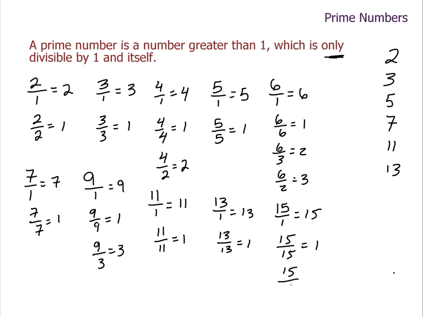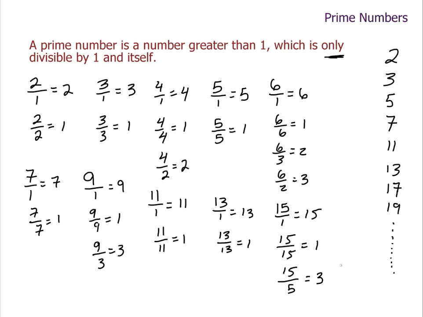Is there a number that will go into 15? Yeah, sure, 5 or 3 for that matter. 15 is not a prime number. 16 can't be. 17 is a prime number, so put 17 over here. 18 is not. 19 is. And it keeps on going.